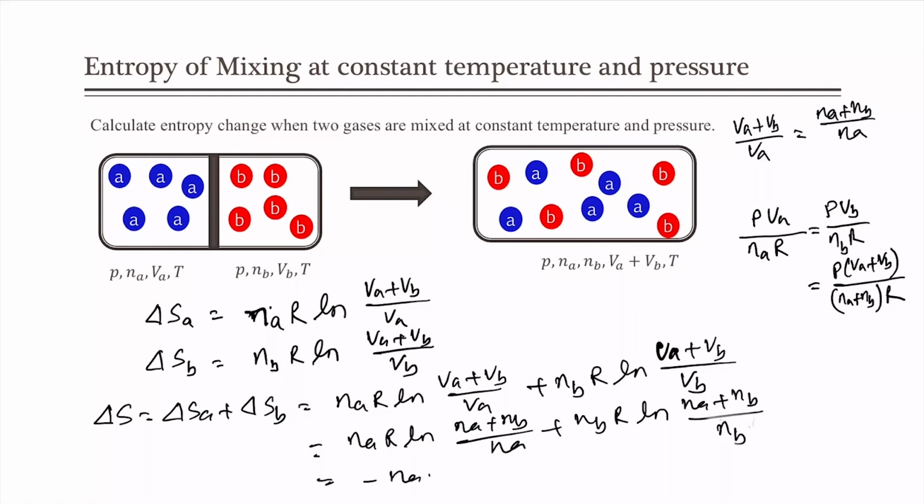So, minus N_A R ln(N_A/(N_A + N_B)), which is nothing but the mole fraction, let us call it X_A, plus again take minus N_B R ln X_B, in the same manner.